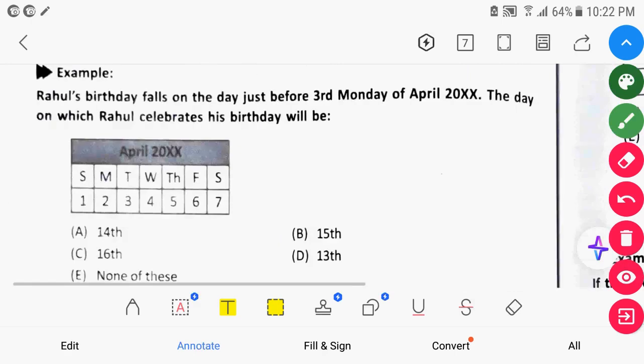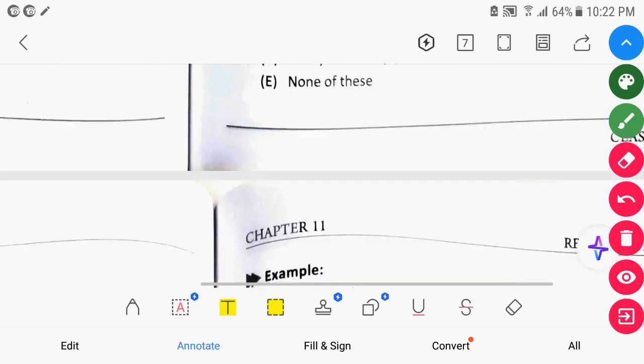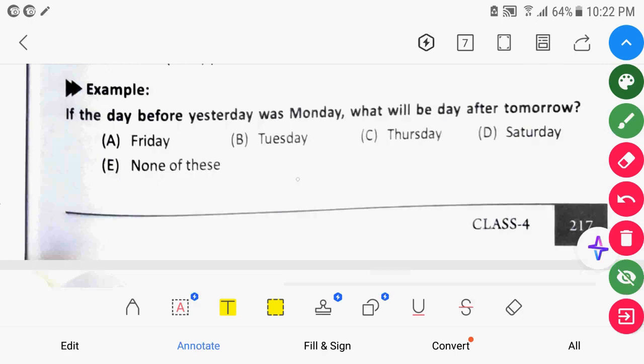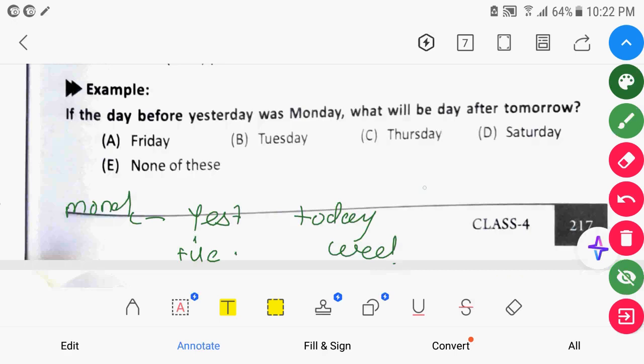Okay. So I will again explain. You just see the day before yesterday. So yesterday and today. Day before yesterday was Monday. So yesterday will be Tuesday and today will be Wednesday. Now tomorrow there will be Thursday. So day after tomorrow there will be Friday.